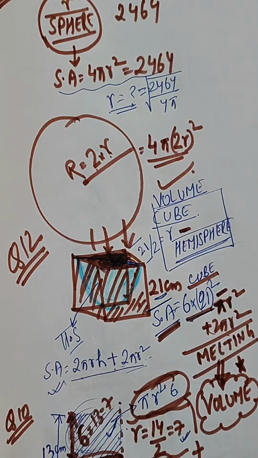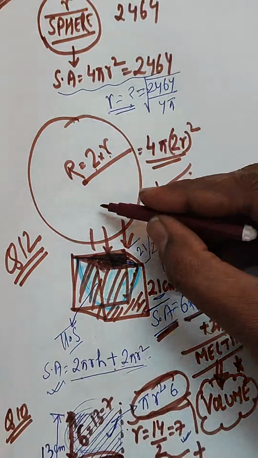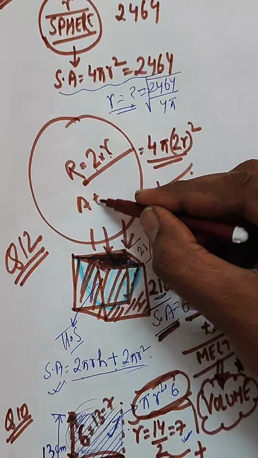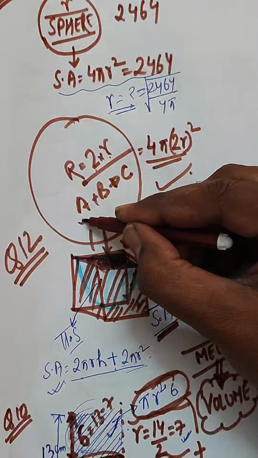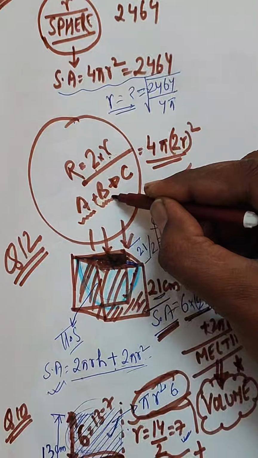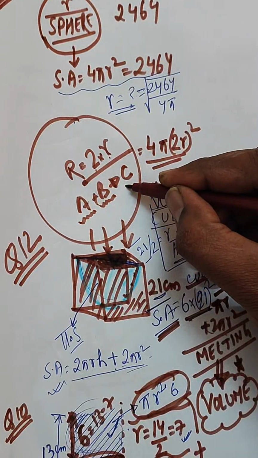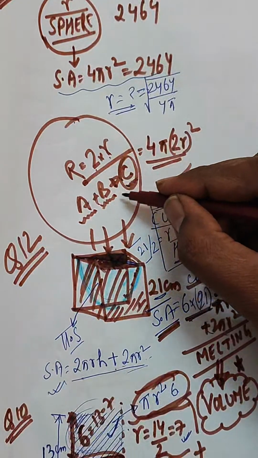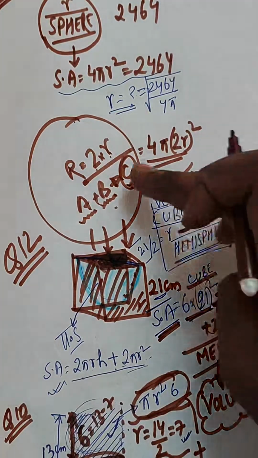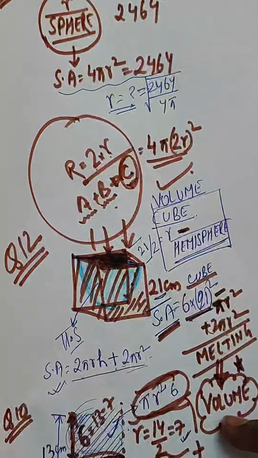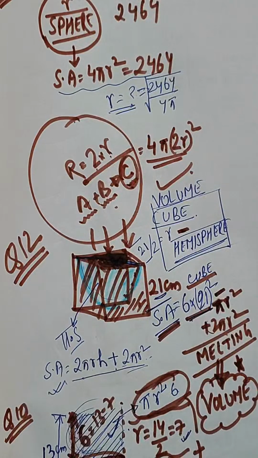So when two solid figures A and B are melted, giving rise to a third figure C, then calculate the volume of A, calculate the volume of B. Maybe some radius or height is missing in the third figure, just equate it and get it. In this way we can find the missing portion. Whenever a melting question is there, use the volume only, right?